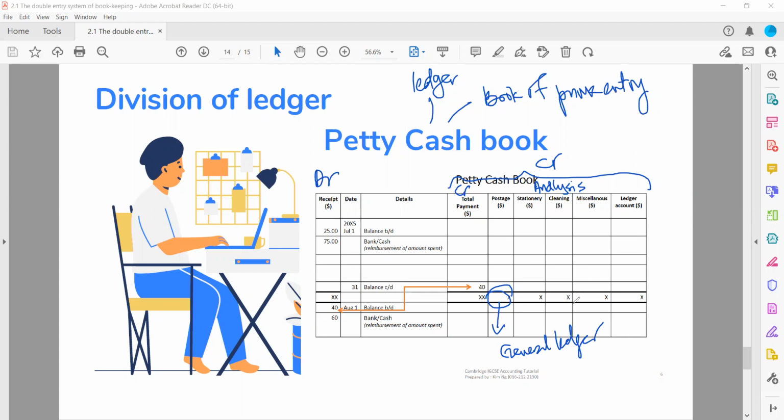End of the month total will transfer to general ledger. Whereas this column, the ledger account, this ledger is going to transfer to the purchases ledger when there is a transaction on the supplier. We will do on the actual date. So carry down, brought down are the same concept like other T account.